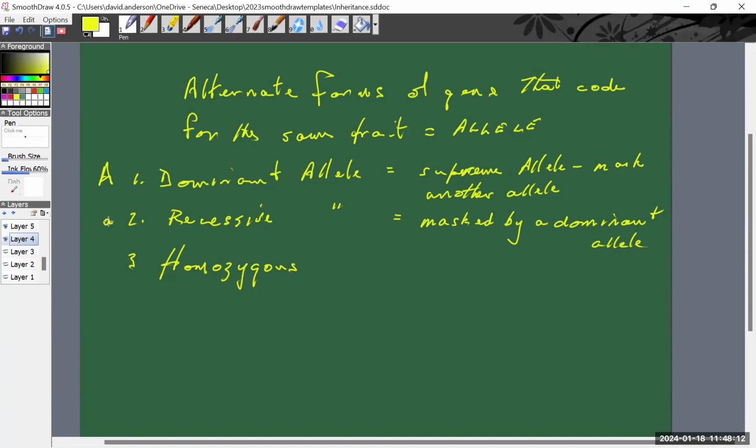So in a homozygous presentation, we could have homozygous dominant, and that would look like this. The allele from each parent would be dominant, the same, but represented as two alleles expressing that particular trait. But we could also have homozygous recessive, and that would be designated with two lowercase letters, the contribution from mom, contribution from dad, homozygous recessive.